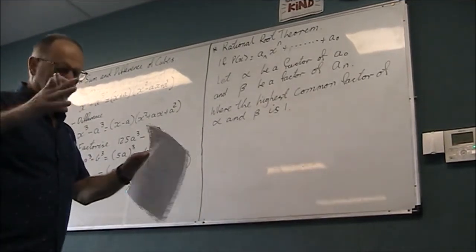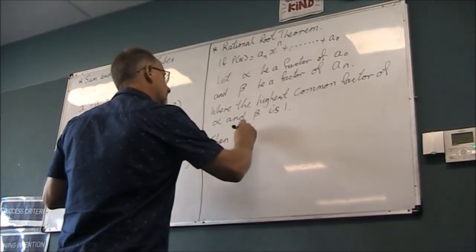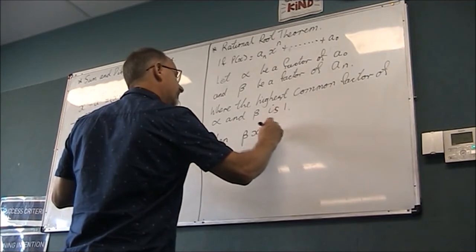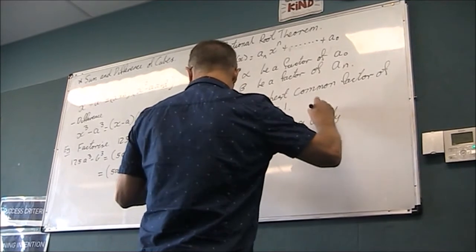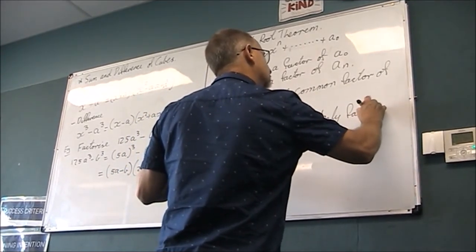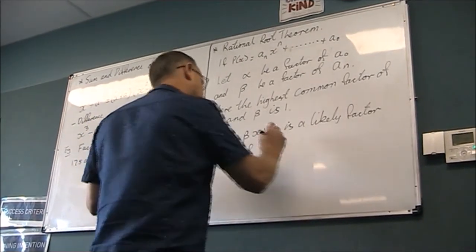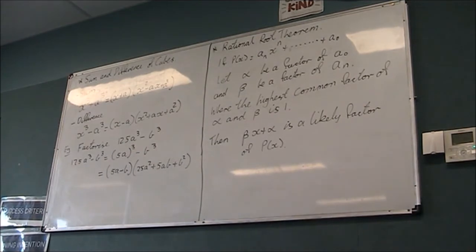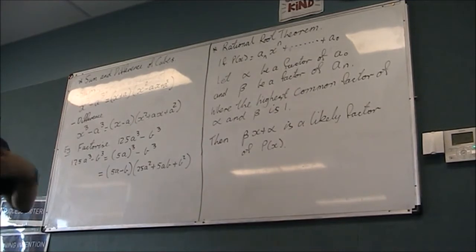Alright, so that's going to narrow things down. Then, beta x plus alpha is a likely factor of p(x). So it's kind of a trial and error method, but being a bit smarter than just trying any random stuff. We're going to try some particular stuff.